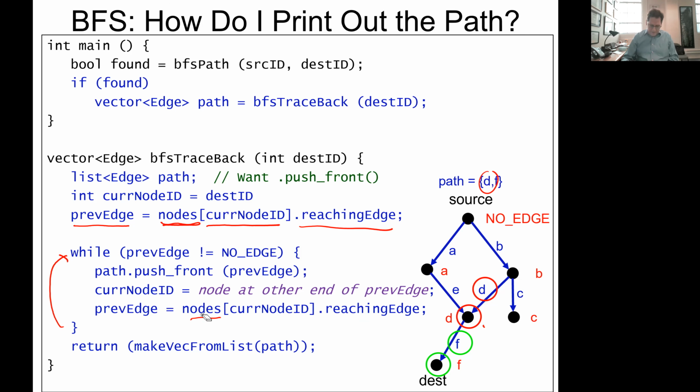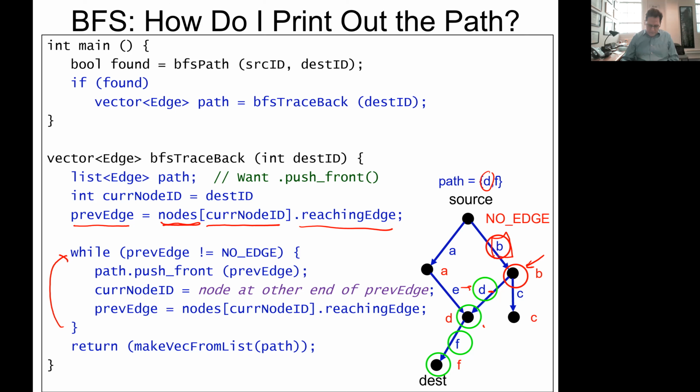We're going to add D into this path. We're using push front, so it's going to go into the front of the path. And then I'm going to do the same thing again. I'm going to say, okay, my current node is on the other end of this edge D, so it's right here. That's now my current node. And let's get what its prevEdge is, which is this, B.